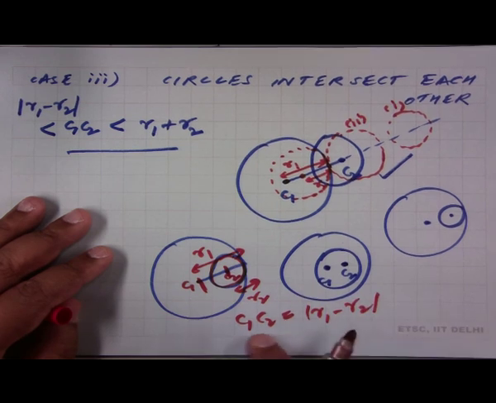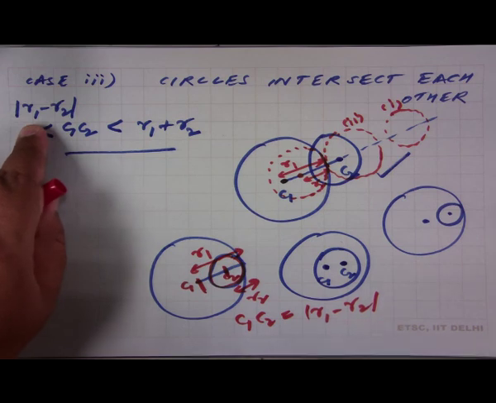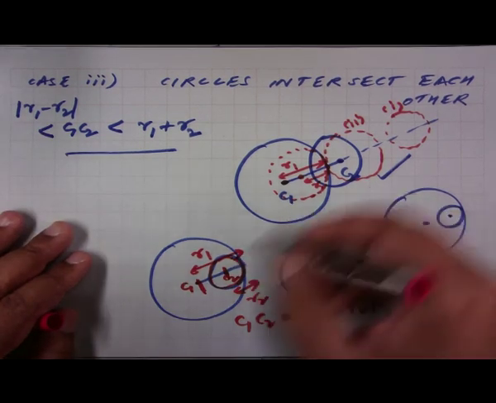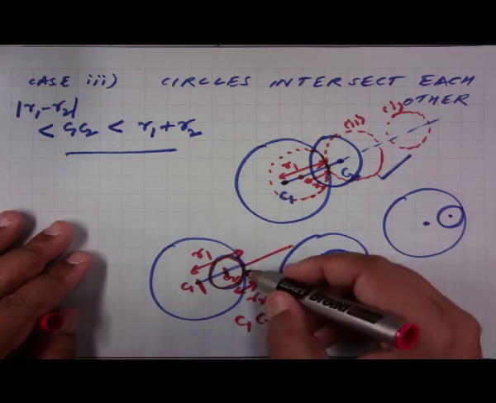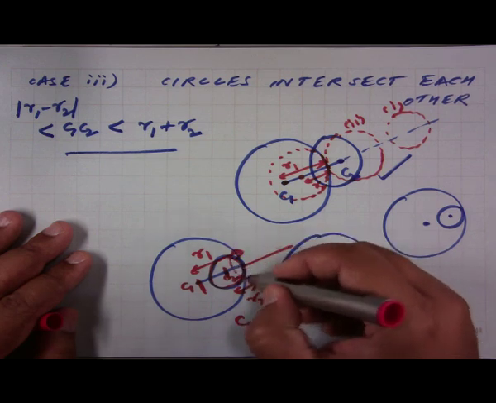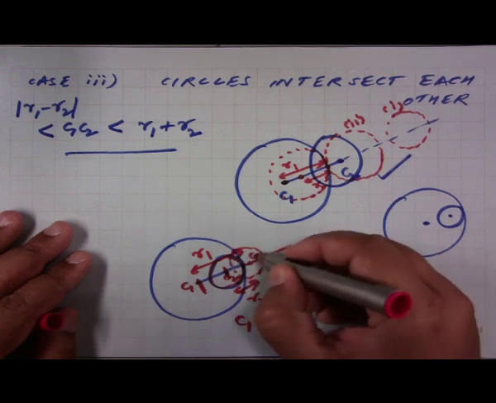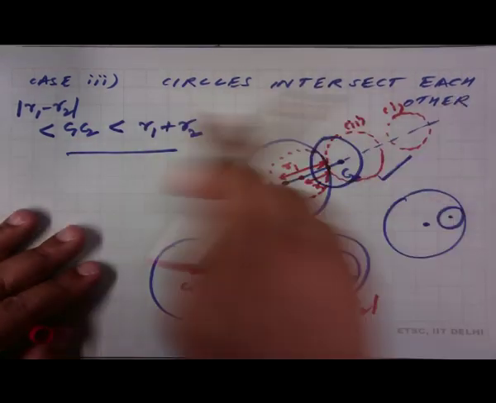If the distance C1 C2 is greater than this value, then it is clear that the circle is not touching internally. The smaller circle is something like this. So, this is the case that we have now.